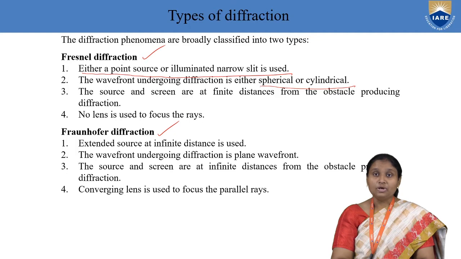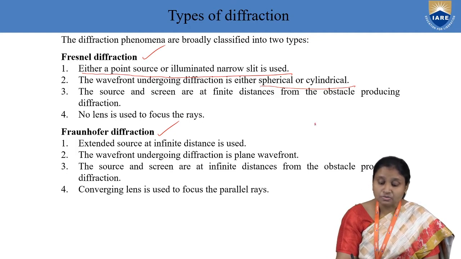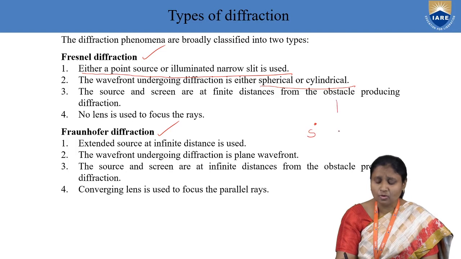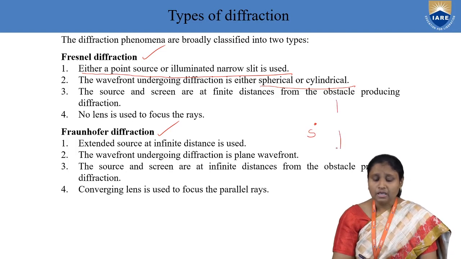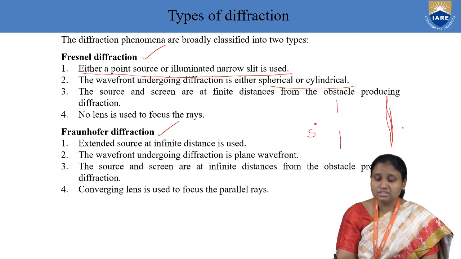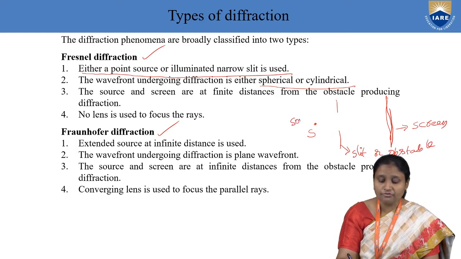In this case, suppose this is my source, and suppose I am using a slit as the obstacle, and I have my screen here. This is our screen, this is my slit, or you can also take it as an obstacle in the path of light, and this is our source of light.